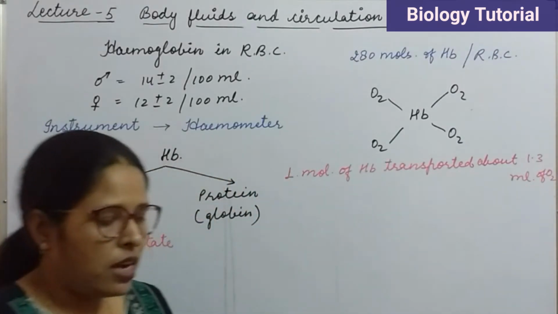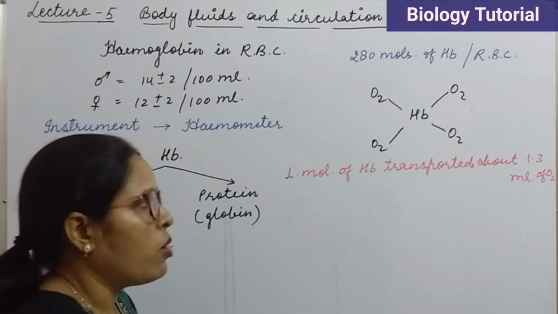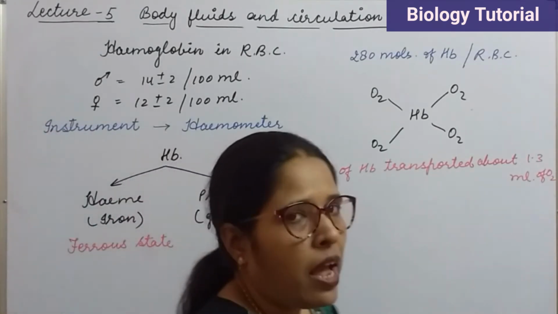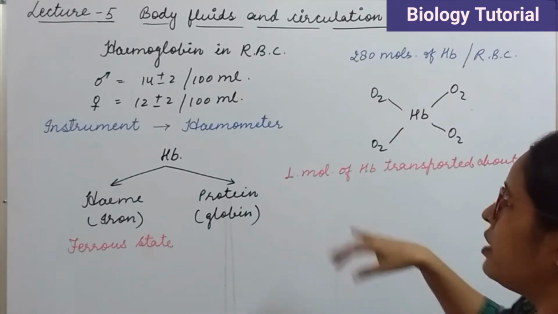Clear? So this is the data. One hemoglobin molecule can transport about 1.3 ml of oxygen in blood.